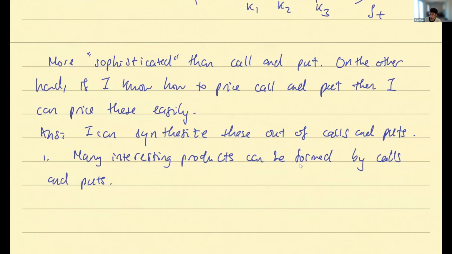The most interesting of all, and this is very advanced, or I'm not saying most, but advanced even beyond this class, is something called a variance swap. I'm sure there are more advanced products than the variance swap.